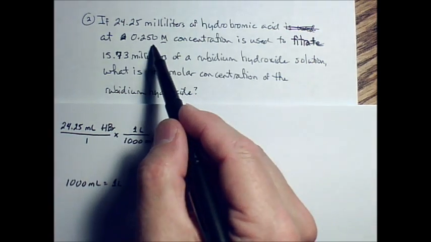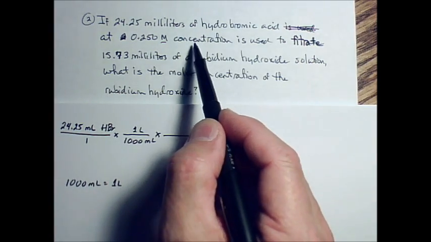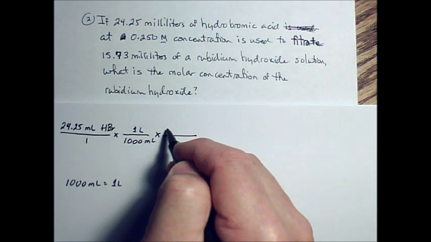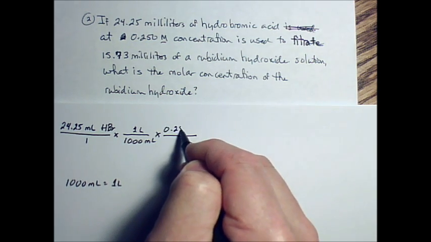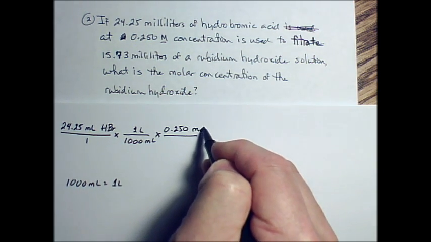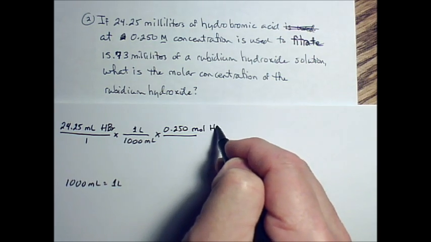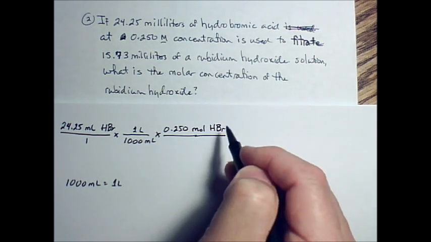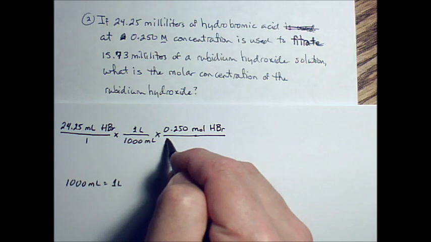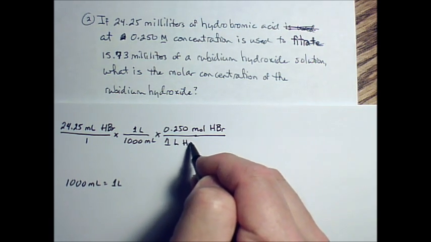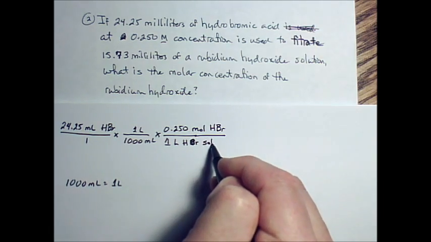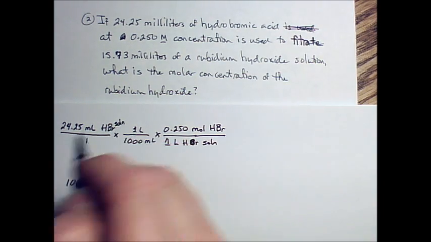And then we're going to use this molarity in fraction form, and we have 0.250 moles of hydrobromic acid per 1 liter of HBr solution. There should be solution over here too.